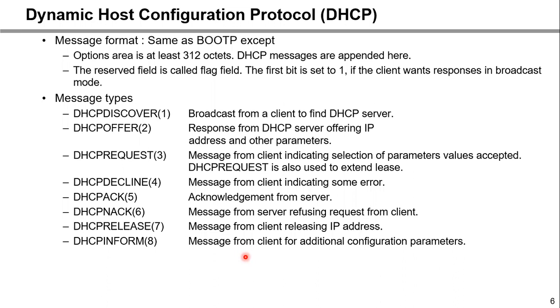But after a couple of hours you come to know that you have to sit for more hours. Then you have to inform the server that you need this IP address for some more time. You have to inform the DHCP server about the situation. So that is very important. These are the DHCP messages.